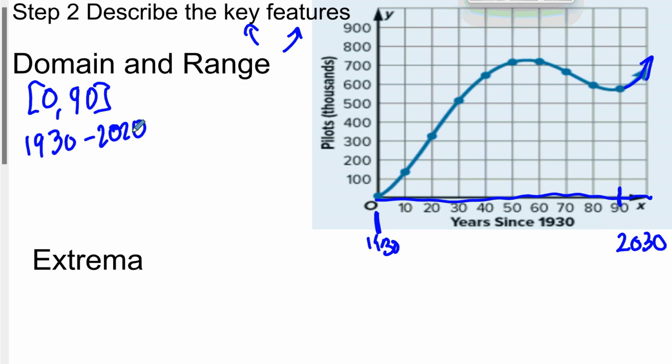Then my range is my y value. From my graph, my lowest y value is that 7 point something, in thousands, so 7,000 something. So our range would be 7.708, and then that keeps going to our largest number, which was in the year 2020, 571.621.